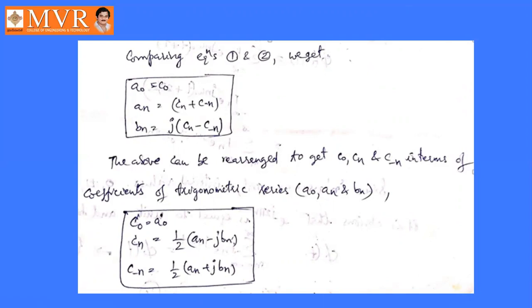By rearranging the above equations, we will get the expressions for exponential Fourier coefficients in terms of trigonometric Fourier coefficients as c naught equal to a naught, cn equal to half of an minus j bn, and c minus n equal to half of an plus j bn, right?